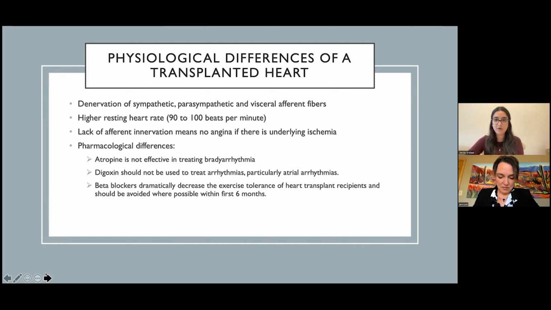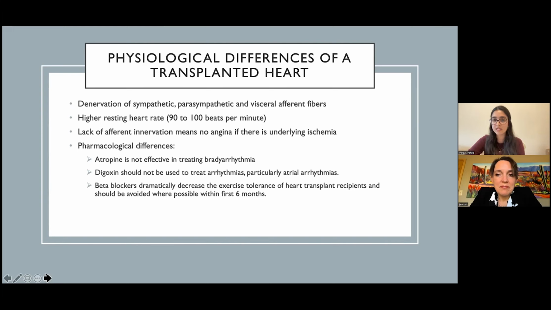And then there are also some pharmacological differences because of these differences in innervation. Atropine is not a medication that can be used to treat bradyarrhythmia in these patients. Digoxin is also something that should not be used to treat arrhythmias, especially atrial arrhythmias, again because of denervation. And then beta blockers, when possible, should be avoided in the first 6 months because they decrease the exercise tolerance of these patients.